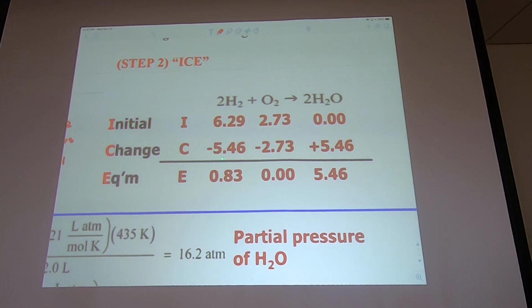And you generate the same number of moles of water as you consumed of hydrogen, so that's a plus 5.46. Then you add it up, and you end up leaving 0.83 hydrogen, no oxygen, and water as your gas. This is all gas. Okay, so this is all gas.